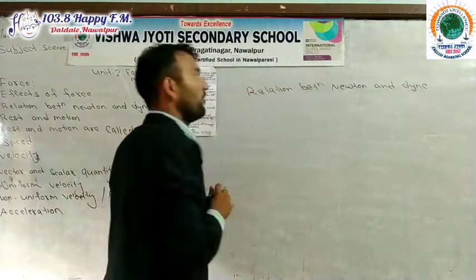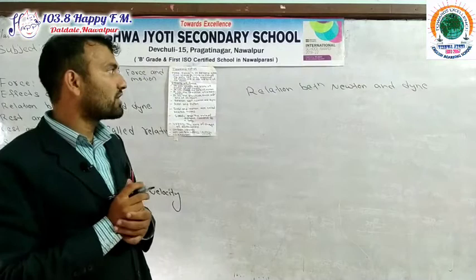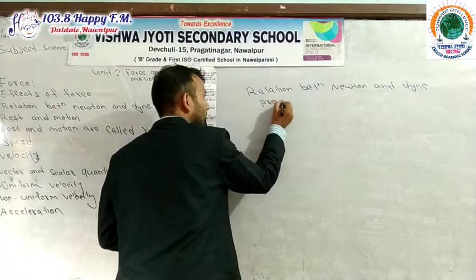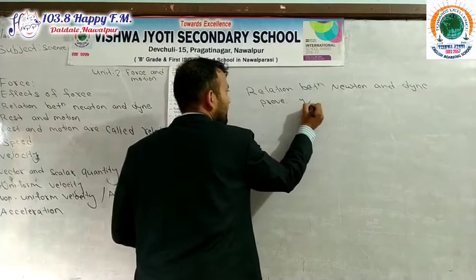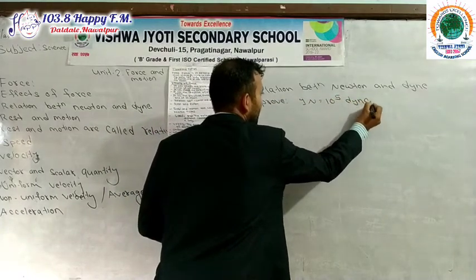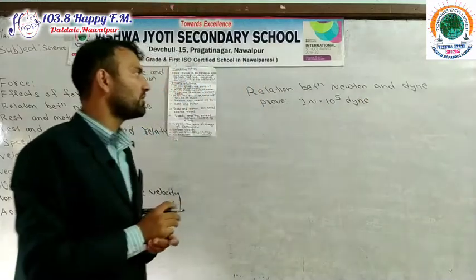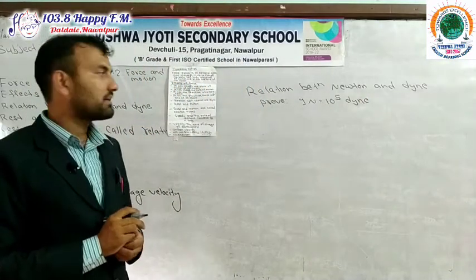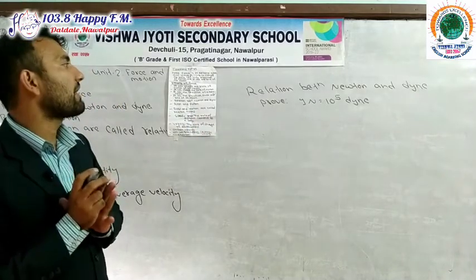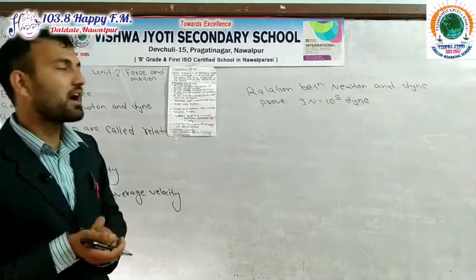The relation between Newton and dyne, proof: 1 Newton equals 10 to the power 5 dyne.